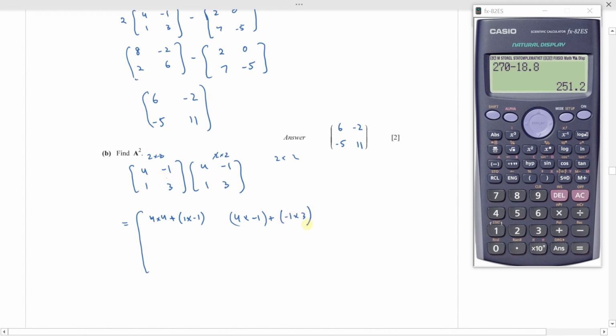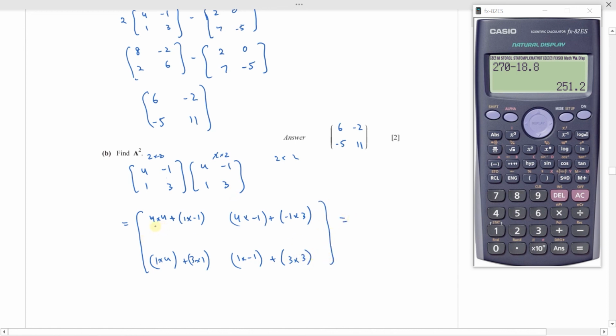And then second row, first column, this will be 1 into 4 plus 3 into 1. Second row and second column, I will get 1 into minus 1 plus 3 into 3.